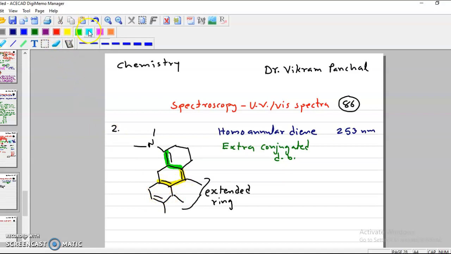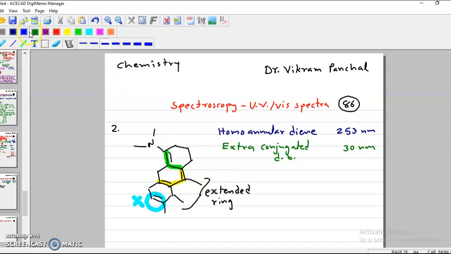That means this other double bond is not in the system. It is out of the system. Do not consider this. Please don't consider this double bond in the system. It is not in conjugation at all. So our system is having only one extra conjugated double bond. For that we will add 30 nanometer.